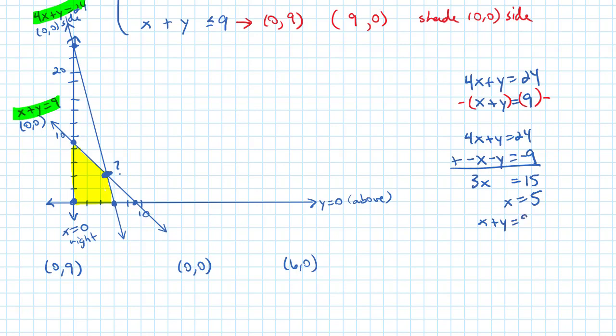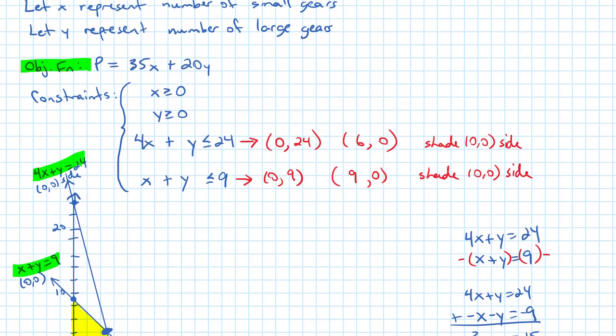So I'll plug it into x plus y equals 9. So 5 plus y equals 9 means that y equals 4. So our last vertex is 5, 4. And that seems reasonable. This looks like it's about 5, and this looks like it's about 4. Alright, so we have our 4 vertices precisely labeled now.